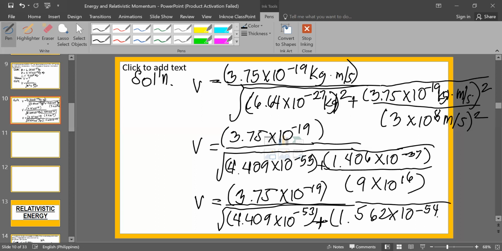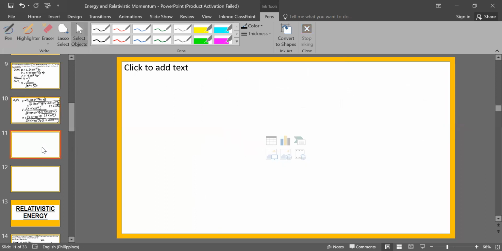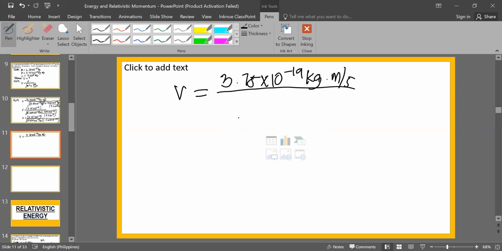Pag-add natin itong dalawang value na to, saka natin kunin yung square root niya. So tuloy lang tayo. Tiyaga lang tayo kahit na pangit ang sulat. So kopihin ulit yung momentum kanina na 3.75 times 10 raised to negative 19 kilogram meters per second, all over by the square root of, yun na.